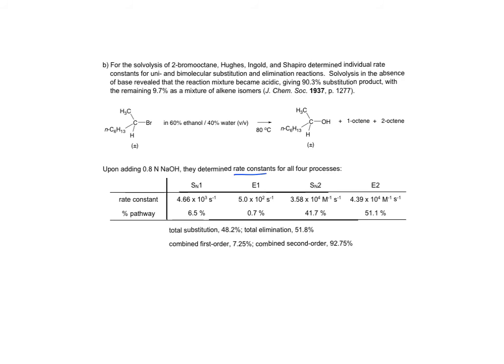Turning to the next page of the worksheet, this is our first claim, evidence, reasoning question. Based on the evidence on the previous page, I will direct you to make one of 4 claims for the mechanism of solvolyses of 2-bromooctane in the presence of sodium hydroxide.